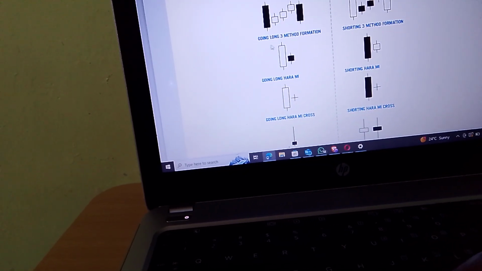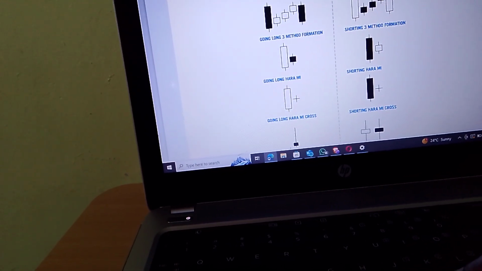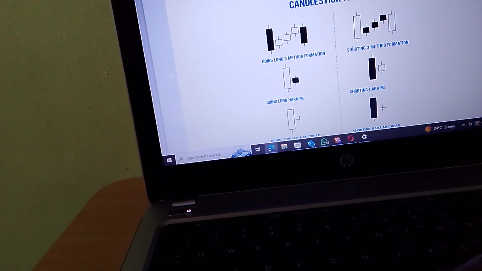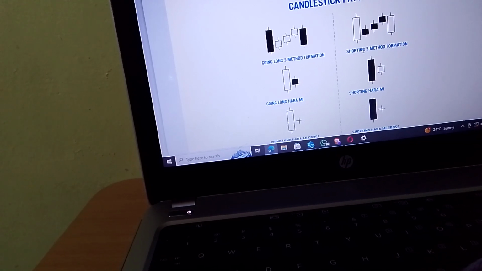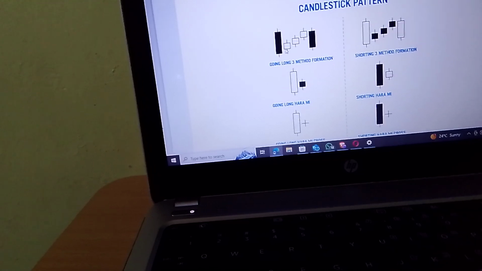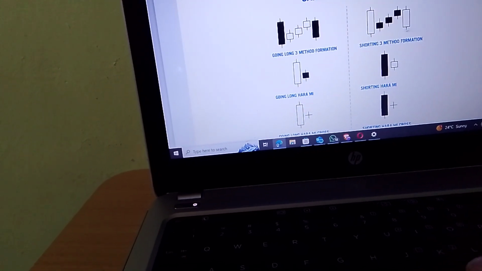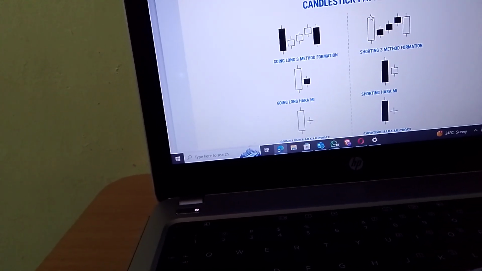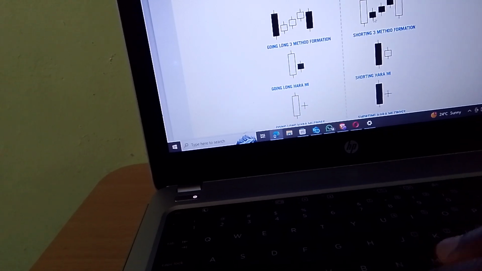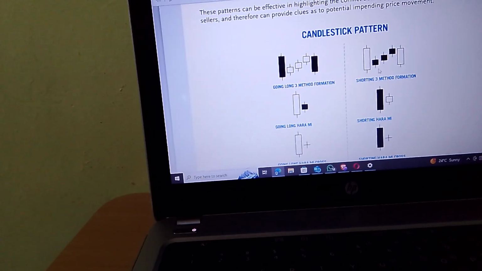Candlestick patterns. There is the going long three method formation and the shorting three method formation. In this we can see there is one uncolored, two, and then three colored in between.